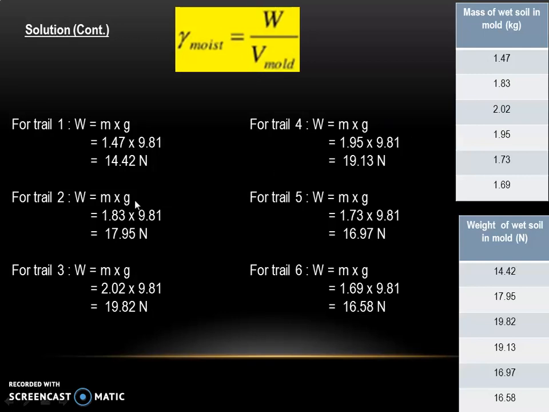Similarly, for the second trial, the mass is 1.83 into g is 9.81, which gives us the value of W as 17.95. Repeat these steps for the rest of the trials. Here all the weights of the soil are mentioned in this column.